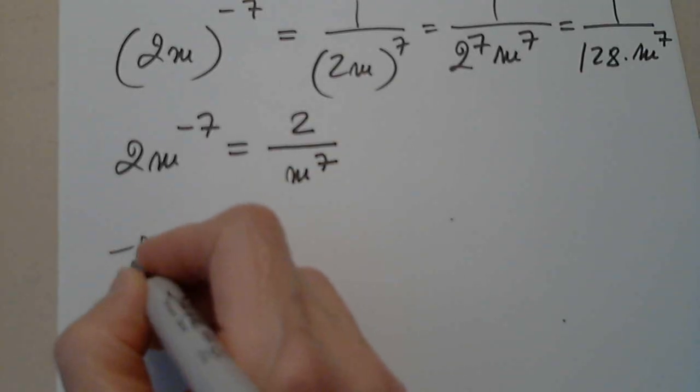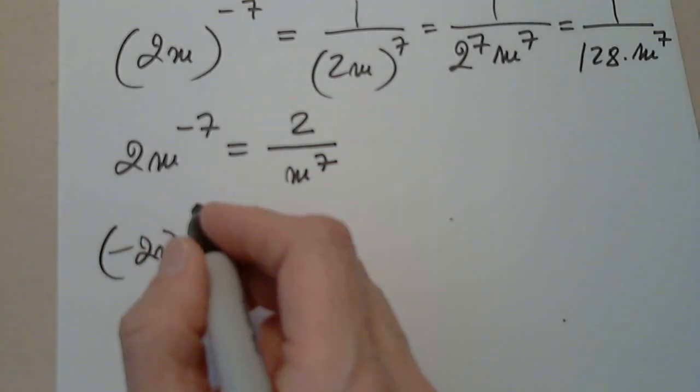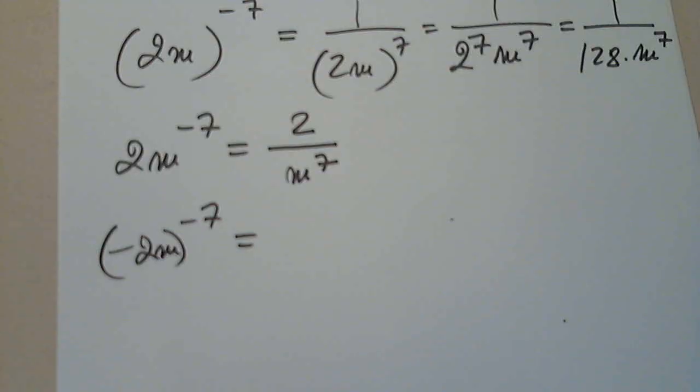Good. What about -2m to -7? What do you think about this?